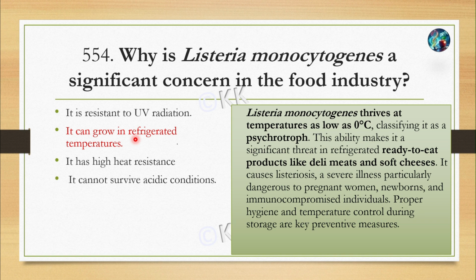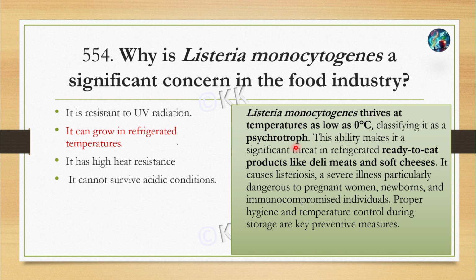Listeria monocytogenes thrives at temperatures as low as 0 degrees Celsius, classifying it as a psychrotroph. I have already discussed the types of bacteria, so we are not going into its details. Listeria monocytogenes has the ability to survive in sub-zero temperature.